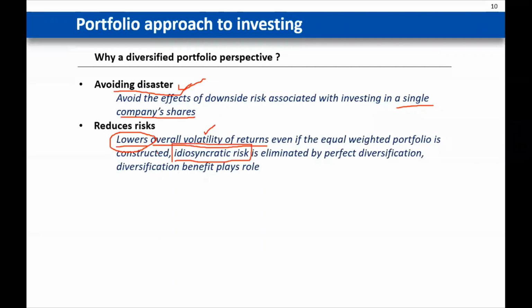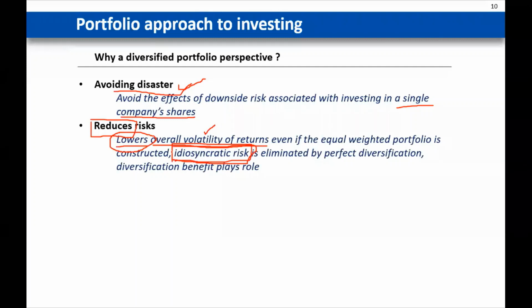Have you heard about this risk? We are thinking of reducing risk. Which risk are we considering? Anyone? Diversifiable or unsystematic risk. I want you to recognize unsystematic risk by its standard name, idiosyncratic risk.